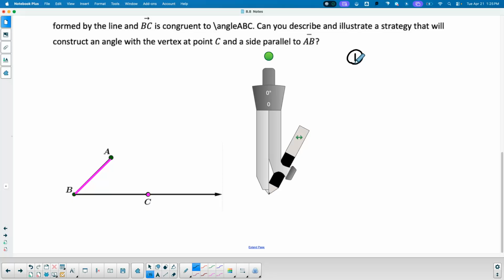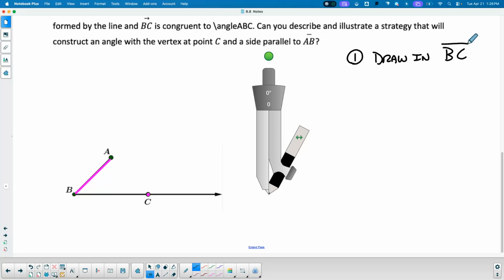So if that's the case, the first thing that you do is you draw in BC. Here it's already drawn for you, but if not, you need to draw that in, so that you have an angle that you have set as a set measurement.